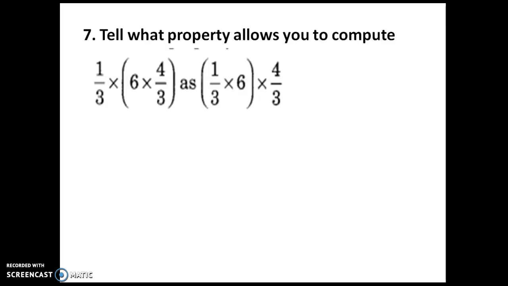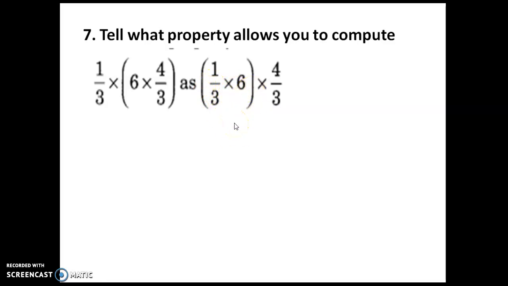In the seventh problem, tell what property allows you to compute 1 by 3 into 6 into 4 by 3 as 1 by 3 into 6 into 4 by 3. What have they done? They have changed the brackets. This bracket is for 6 and 4 by 3, which they have changed into 1 by 3 into 6 within the bracket.